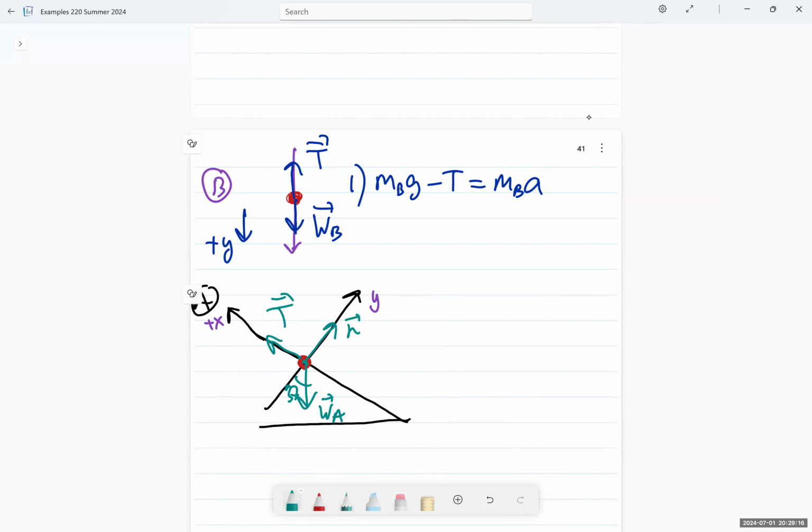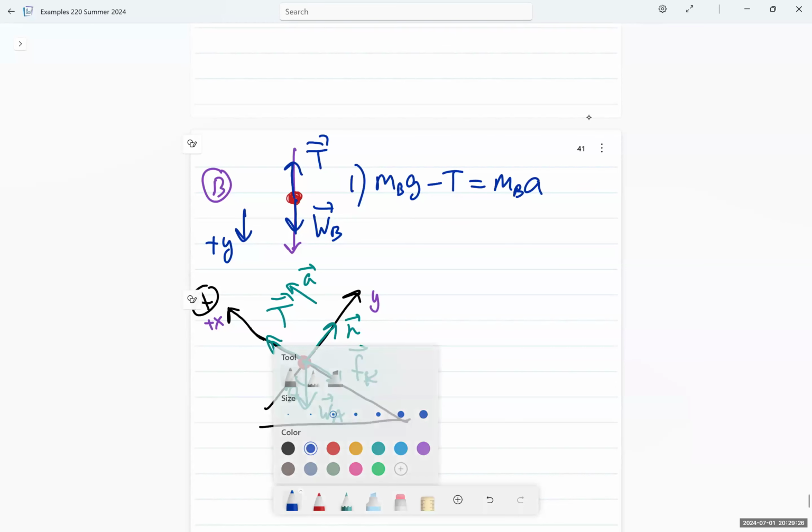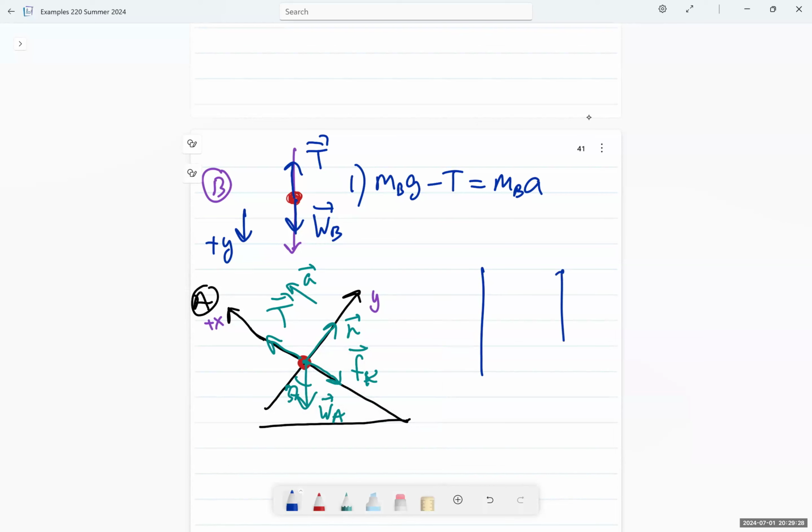I'm going to get the friction opposite to the direction of the motion, and it's kinetic friction, because now it's going to accelerate upward.